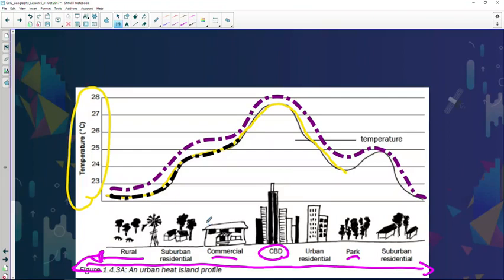The amount of cars also adds to this urban climate. The amount of electricity that we use also adds to this urban climate. And that's the reason, and we're going to look in detail after the break, why these areas over here experience warmer conditions than the surrounding rural areas.